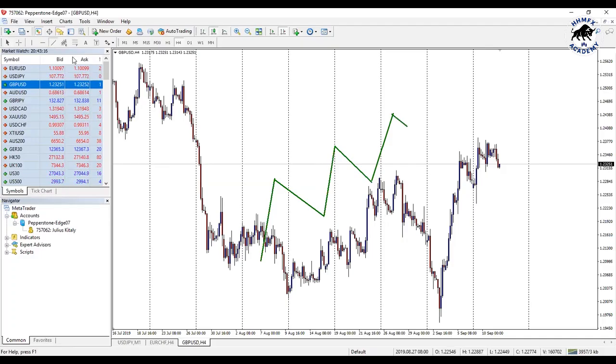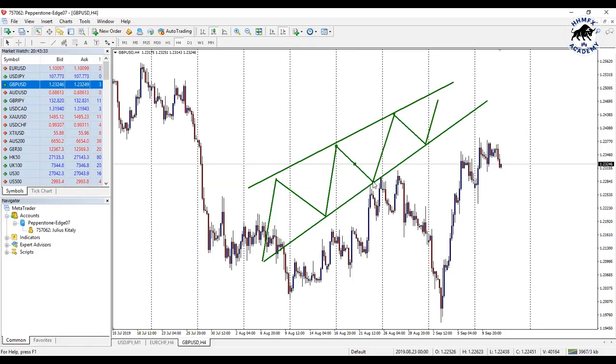See? The market will move like this, guys. So if we draw something like that, you can see this point here, this point, and this point, here and here and here.